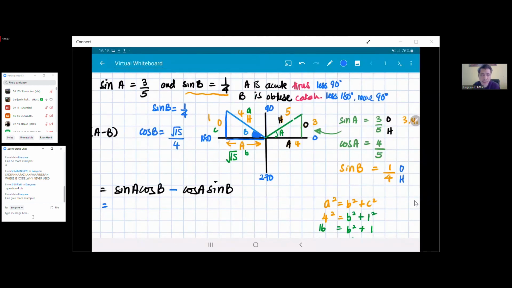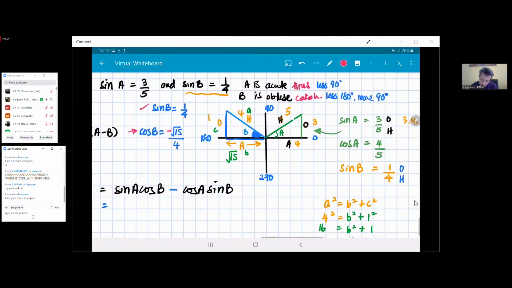But these are important. Negative. Okay, you know why negative? Because for the second quadrant, sin's value is positive and cos's value is negative. Can you understand? Okay, that's why I put a negative.